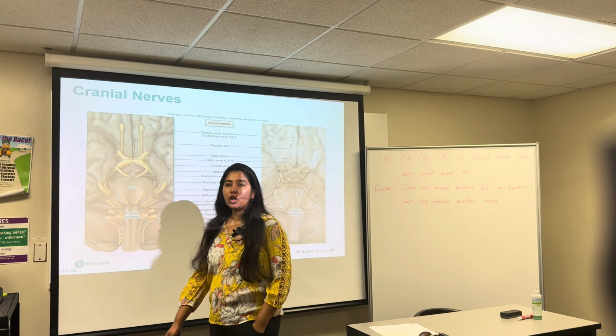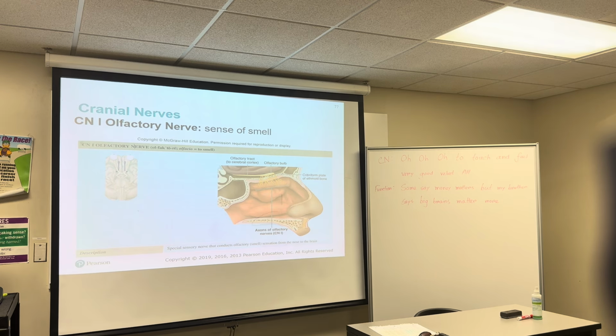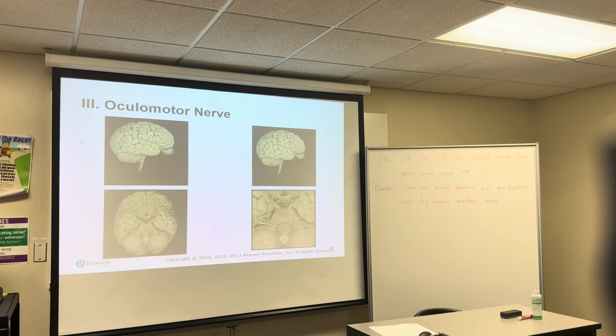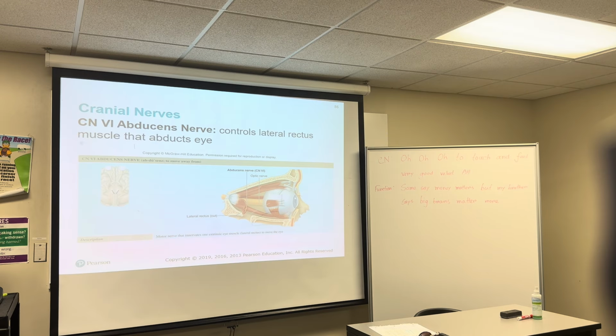So I am not going over each slide talking about their function. What I want you to do is go over this as a group, make two groups. So we have the right and the left group. The left group is going to ask questions about the first 6 pairs.